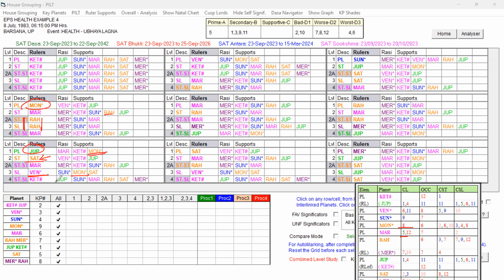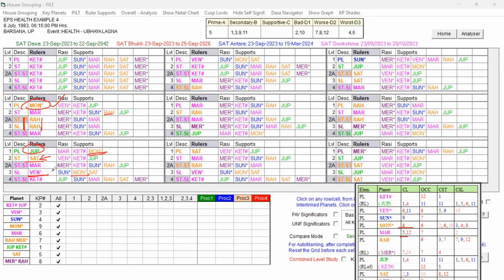Jupiter itself can give trouble because the star level has an issue. Under that Jupiter, the native definitely had a problem in Moon bhukti, because Moon is itself one of the key planets influencing Jupiter, and of course that Moon is going to play a role. Definitely, it is going to give trouble.